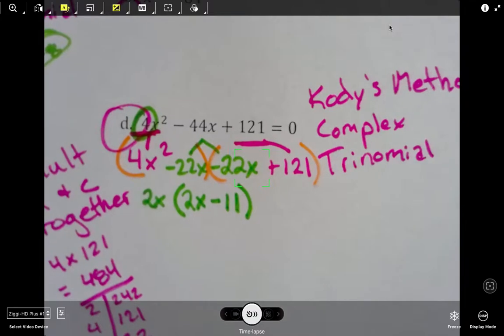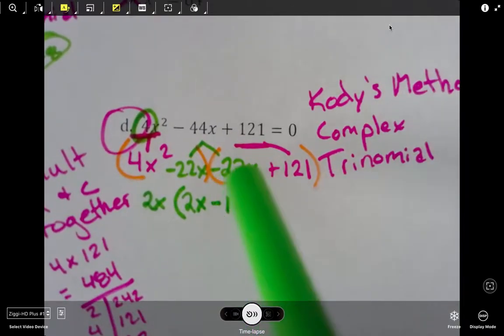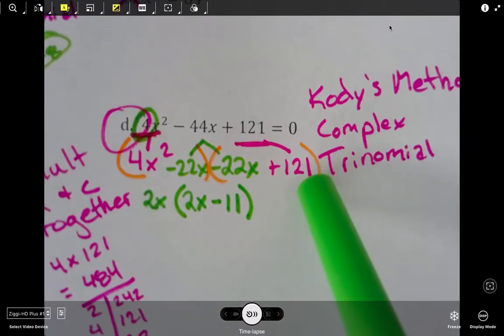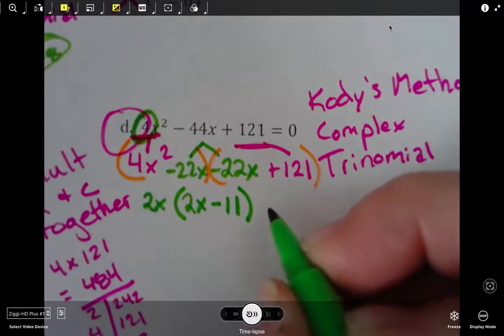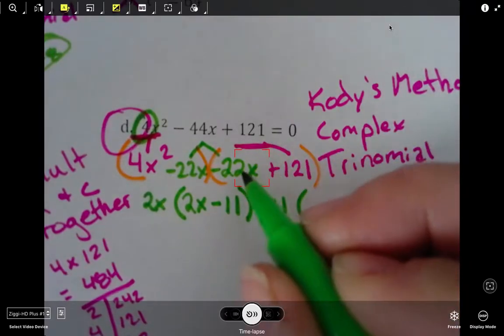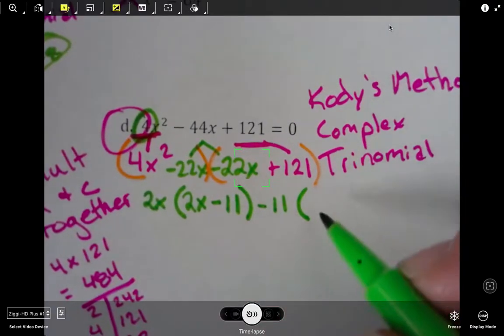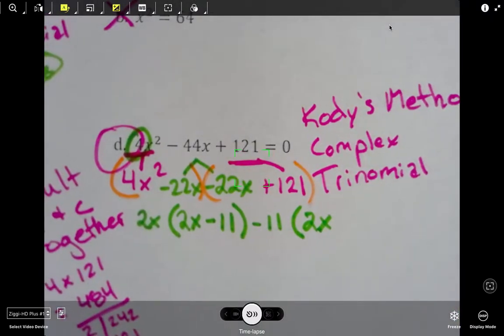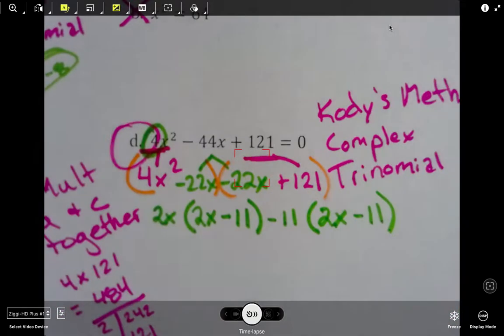Okay, now let's say I pull, what am I going to pull out of negative 22x plus 121? 11. Okay, now if you pull 11 out, it will be the wrong sign. You need it to be negative 11. So if I pull negative 11 out of negative 22x, that will make it positive 2x. What about if you pull negative 11 out of 121? Negative 11. Okay.